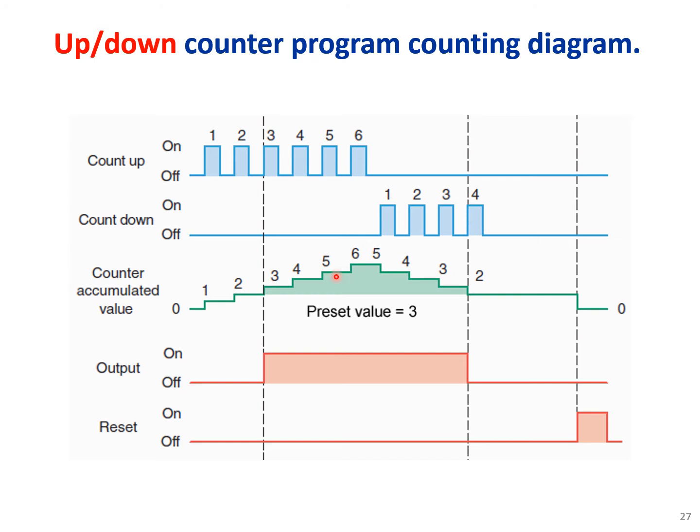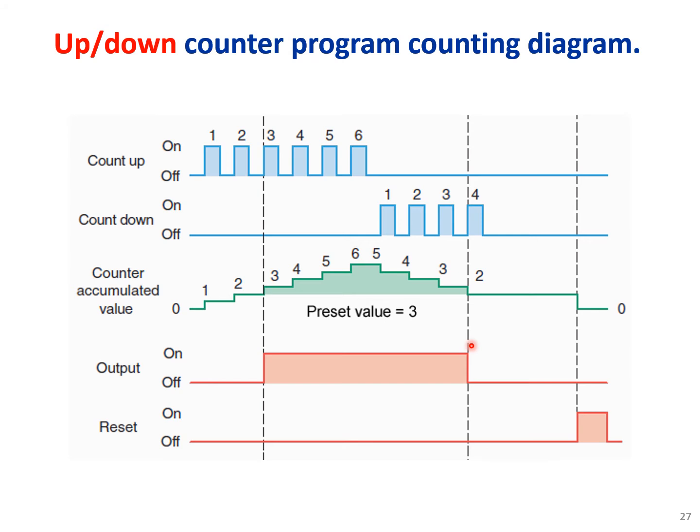The accumulated value will increment to 6, and once we pass threshold 3, because this is a preset value, the output will be true. It will stay true until it drops below 3 again.